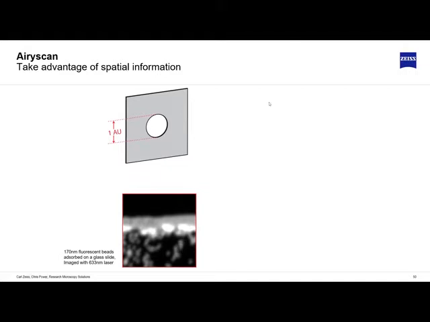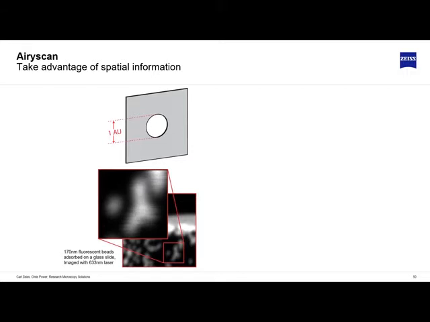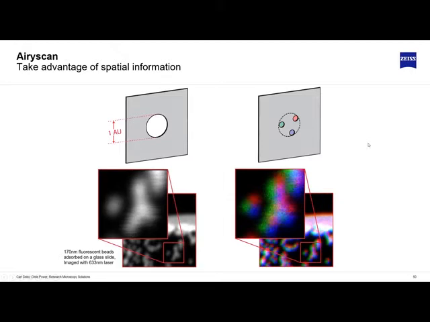So here we have an image at the bottom, which is a bunch of beads, 170 nanometer beads here, and we image that with a 1 area unit pinhole. Now imagine if you close your pinhole down and you move it about ever so slightly, and you took 3 images with the positions indicated here and you colored it.